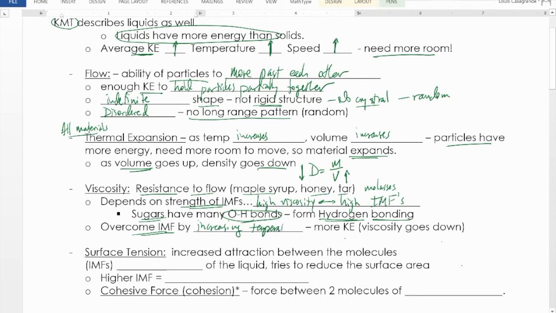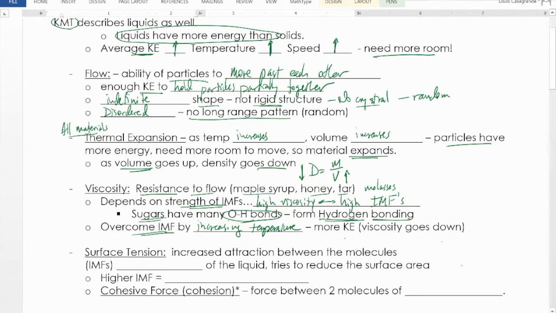And if you think about it, if you've ever tried to make your syrup flow a little bit easier, or make the honey move a little faster, I don't know anybody who actually uses molasses, but maybe you do. You heat it up and it makes it flow a little easier, a little faster. And a side benefit is that it does make it taste better as well.